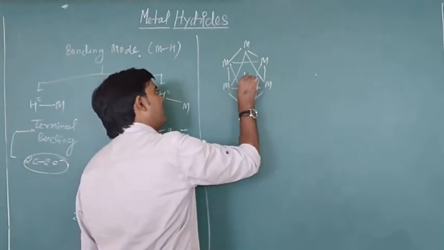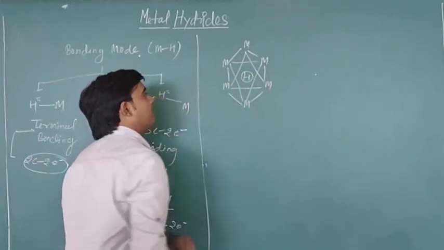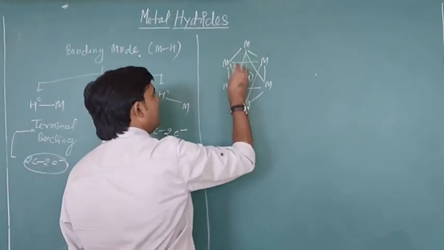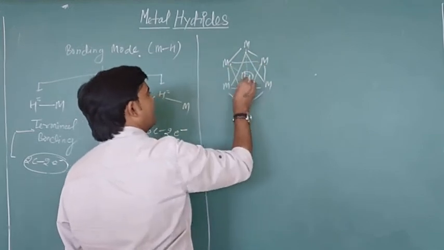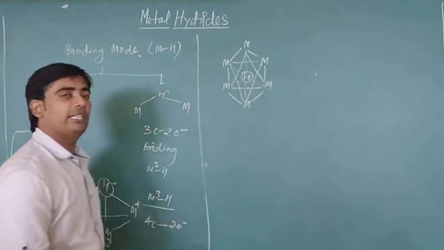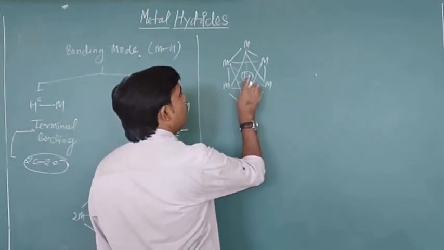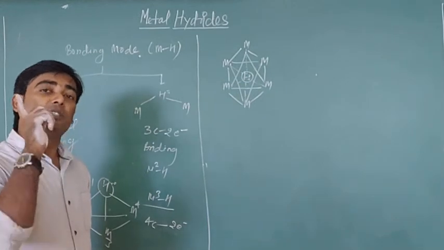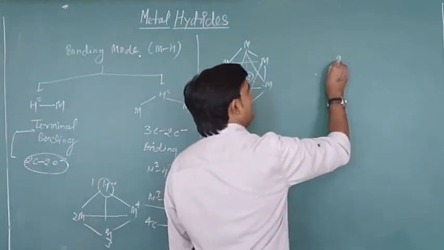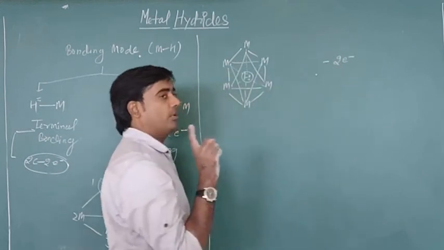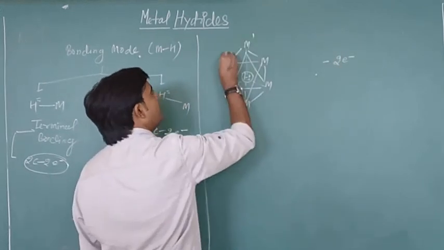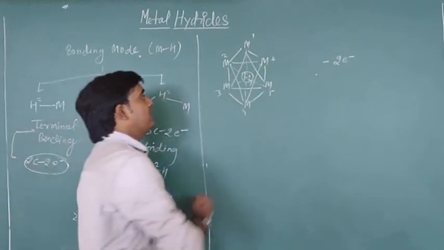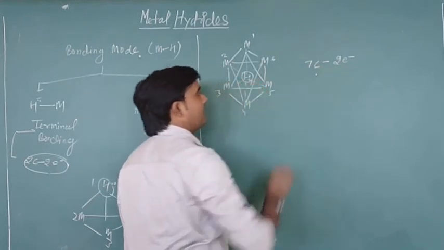If there is one hydride ion present in the center of this framework, then this hydride will attach to this metal, this metal, this metal, this metal, this metal, and this metal too. Overall, the hydride ligand has 2 electrons, and these 2 electrons involve 7 centers, 1, 2, 3, 4, 5, 6 and 7 itself. So this is 7 center, 2 electron bonding.